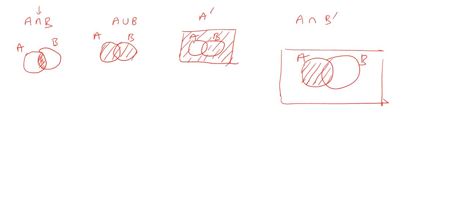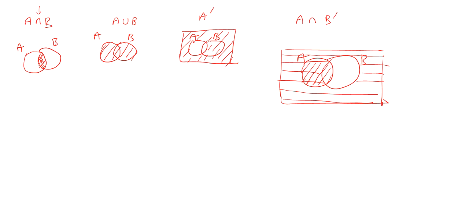Then we're going to intersect that with B prime. Now, what is B prime? B prime is everything outside of B. So let's do a slightly different shade in here for B prime. That is everything outside of B. So A intersect B prime is what is common to A and what is common to B prime.